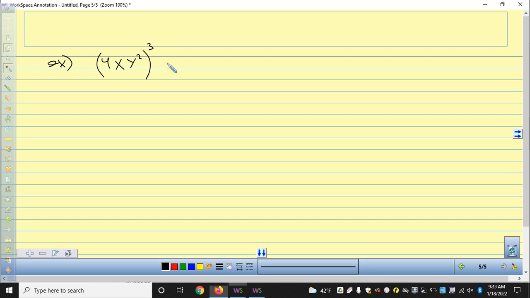So we have 4xy squared to the third. Our rule is we're going to raise each part to the power and multiply. So this is going to be 4 to the third times x to the third times y squared to the third. Well, 4 to the third is 4 times 4 is 16. Times 4 is 64.